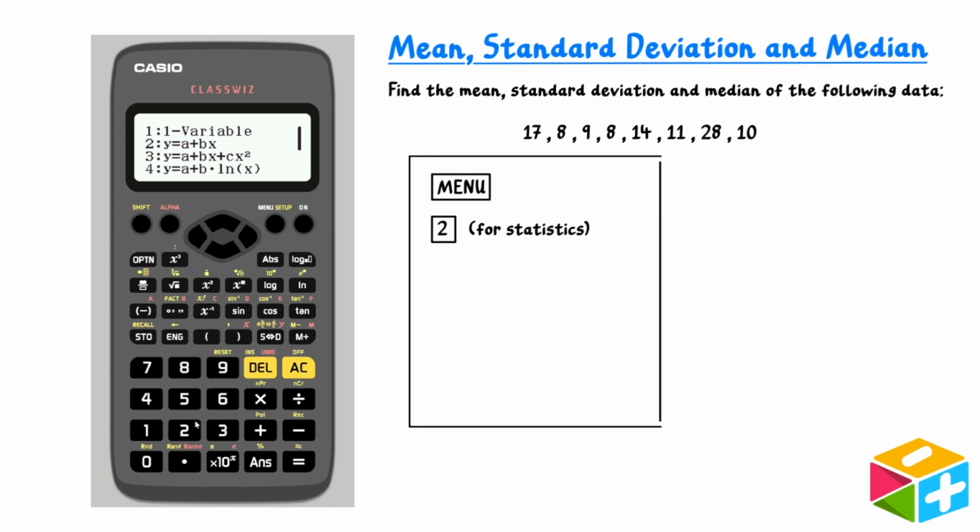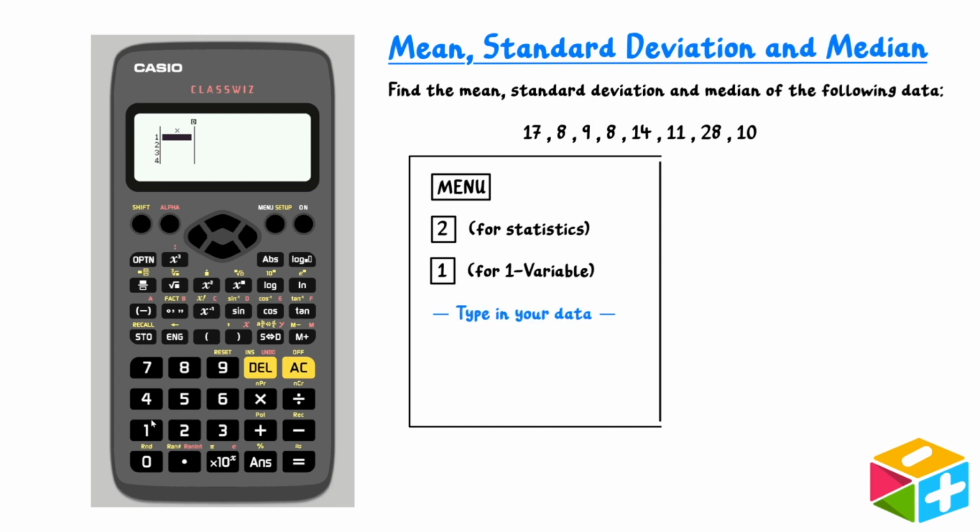In the next menu, we'll need to select the One Variable option. We'll do this by pressing 1. Now, we'll need to input our data. We'll do this by typing in each of our numbers, followed by an equal sign.